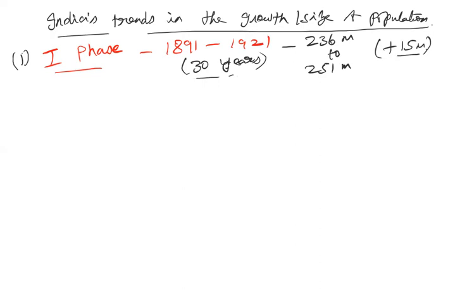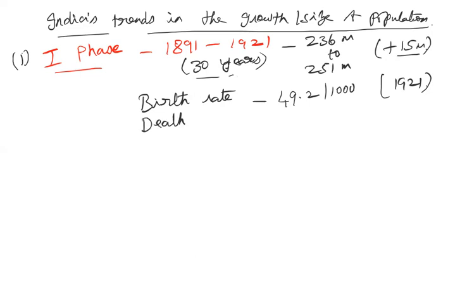So during this period, the birth rate of India was 49.2 per thousand. When I say this, we normally calculate for the last year, that is 1921. So in 1921 the birth rate was 49.2 per thousand and the death rate equally matched at 48.6 per thousand in the same year.